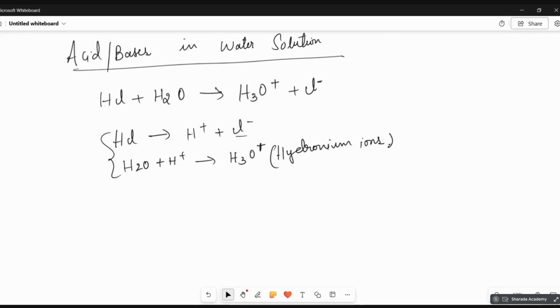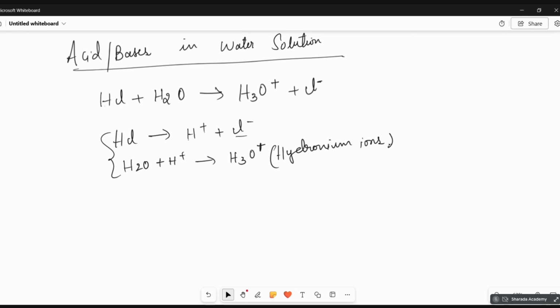If you want to test with the litmus paper or any indicator, you combine it with the water, and only then will you be able to know. If you take dry HCl gas and pass it through litmus paper, it will not turn from blue to red. Why?